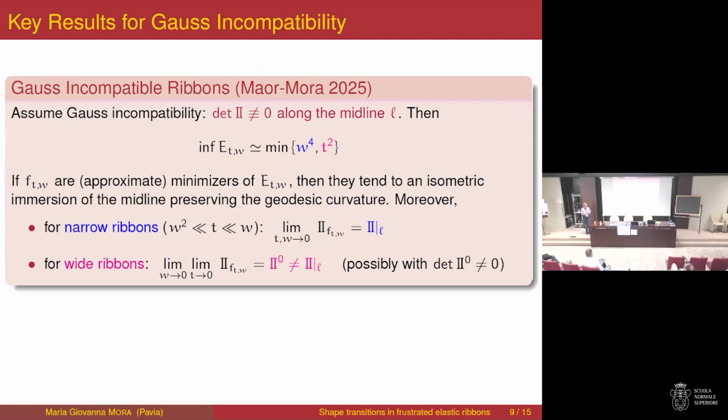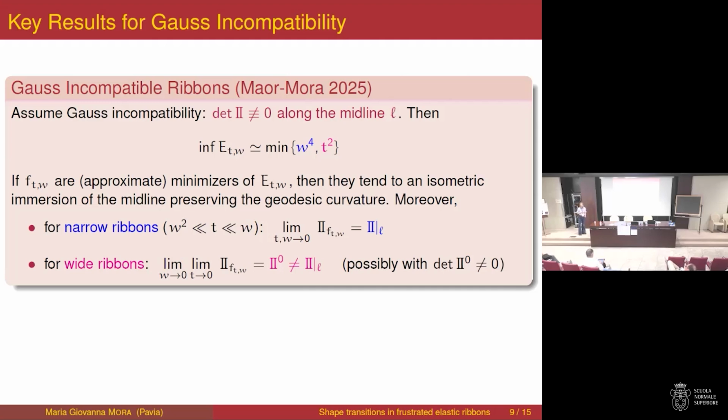I decided to present the results in a rather informal way, without showing you the expression of the gamma limits, but presenting directly the properties that we can deduce on the minimizers, because I think this is more effective. But if you want more details, I will be happy to say more.